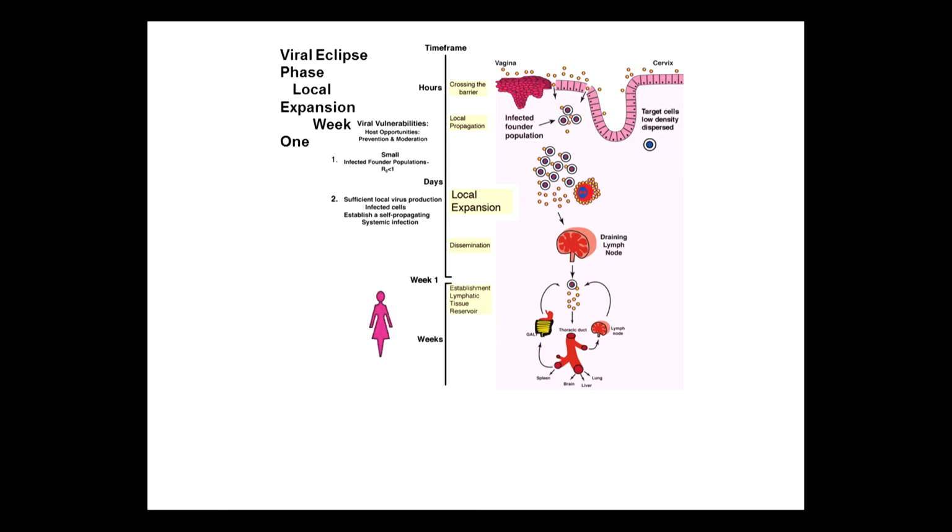Via the lymphatics, it can enter central circulation and infect other lymph nodes, gut, brain, liver, lung, etc. And this is the route by which most people become infected with HIV. But the point is that once it gets past this local mucosal surface, it's widely disseminated.